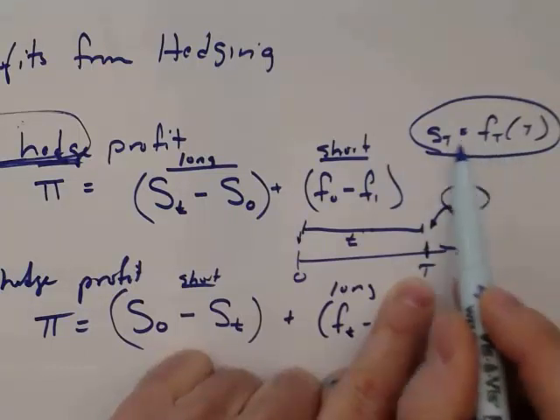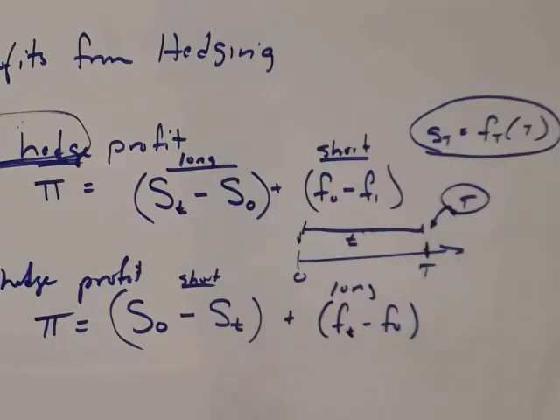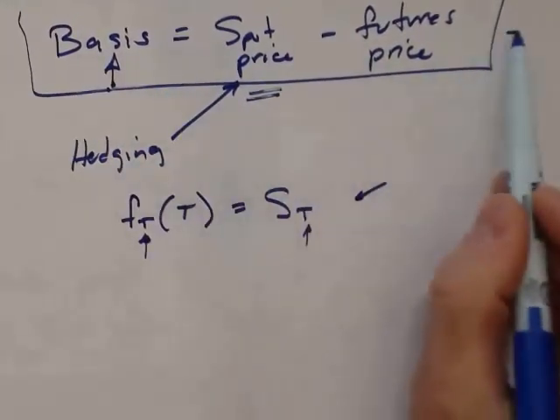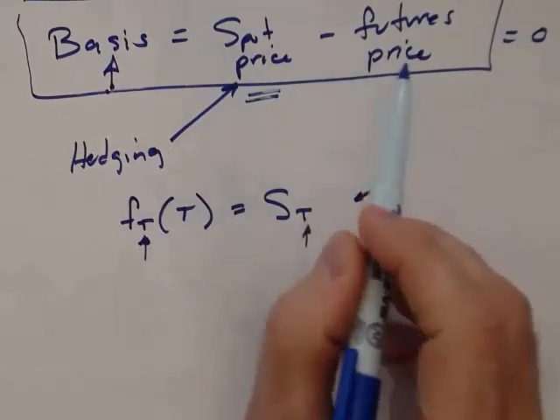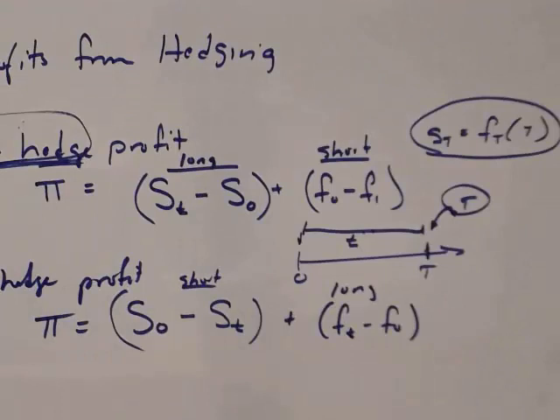And when these two values are identical at expiration, that basically means that you've hit convergence. Your basis is now 0 because your spot and your futures price at capital T are the same. Your basis is 0, which means you have no basis risk.